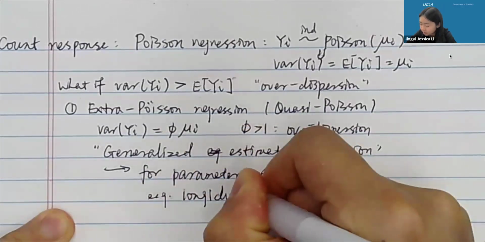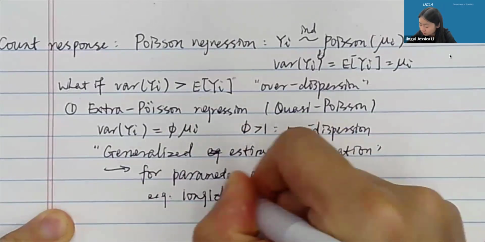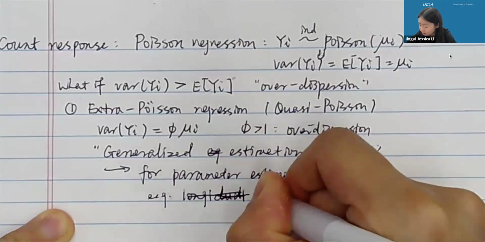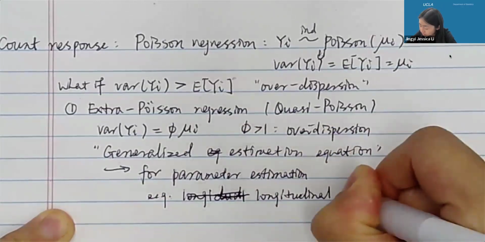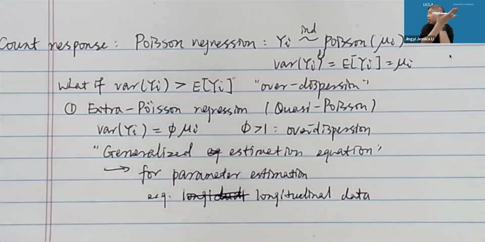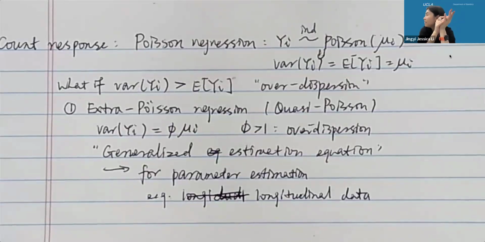What does longitudinal mean? Sorry, longitudinal. Let me rewrite it. Longitudinal data. What it means is that it's a data type that's specific to patients. For each patient, you may have multiple measurements of the same patient along the time course.